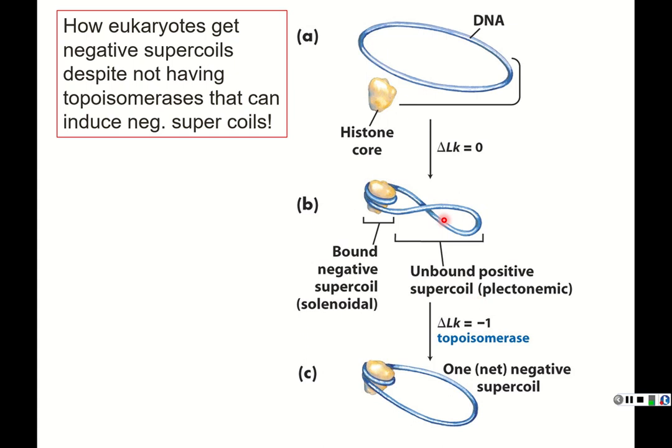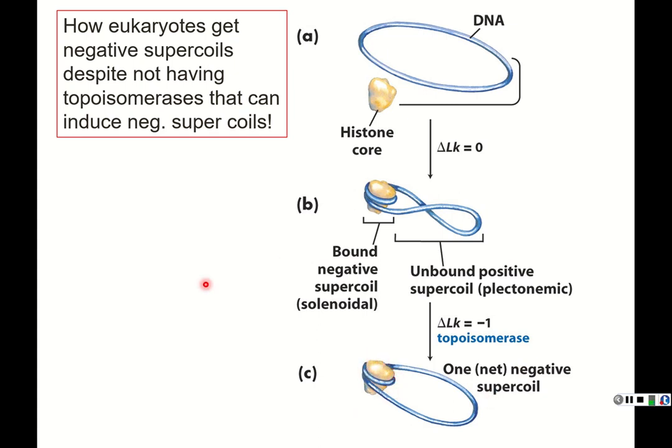If you use a topoisomerase on it to relax that section of positive supercoil, the net effect is changing the linking number by -1, and thus you get one net negative supercoil because you have a negative supercoil on the histone.